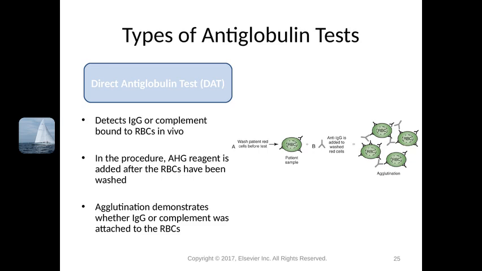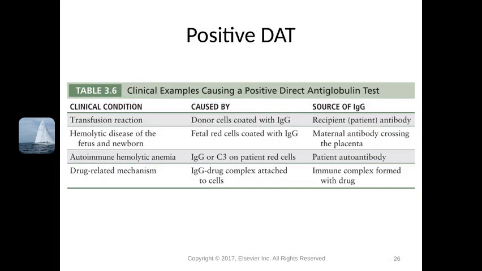And we'll always use check cells in the end, and those are IgG-coated red cells that we add to the tube, basically looking to see if you added the IgG reagent. It's just checking. A positive DAT, we already talked about this briefly, but the last cause I didn't mention is that it can be drug related. We can actually see IgG drug complexes attaching to cells that will form immune complexes.